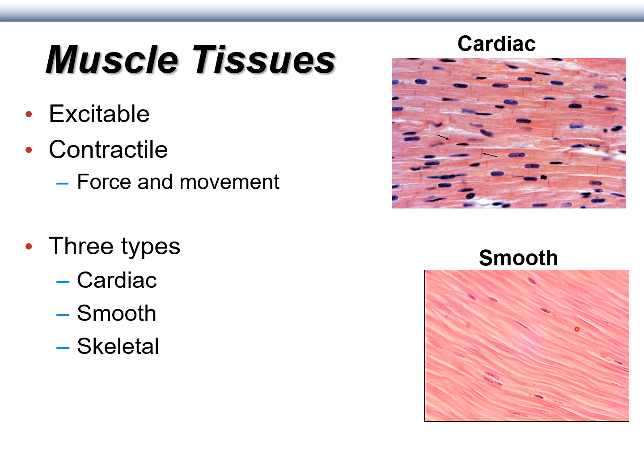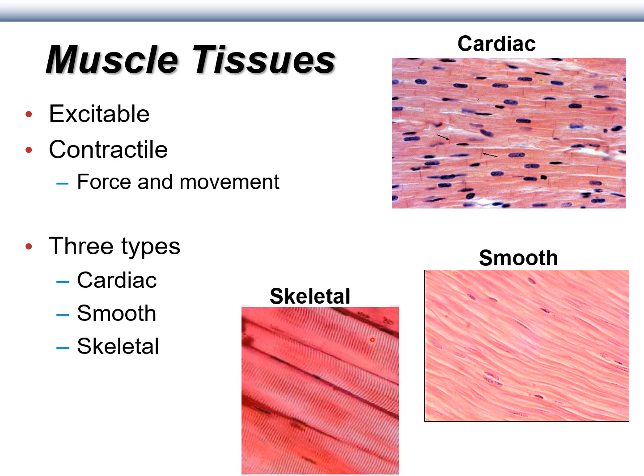As opposed to smooth muscle, and this one's kind of hard to tell, smooth muscle is also mononuclear. One thing that's tough to see in the cardiac is that the cardiac is actually striated, and that's the difference between a striated muscle and a smooth muscle. In smooth muscle, the actin and myosin are not arranged in regimental order, like you can especially see here in skeletal muscle. Skeletal muscles form when the precursor cells fuse together, and you get these polynuclear cells that are much, much larger than your typical human cell.